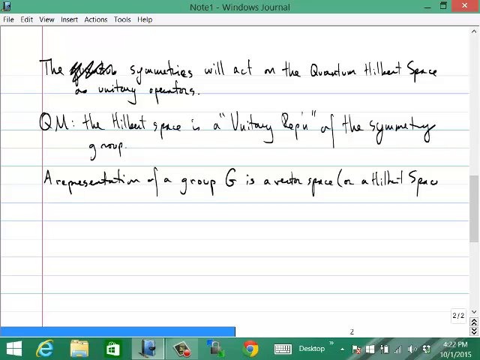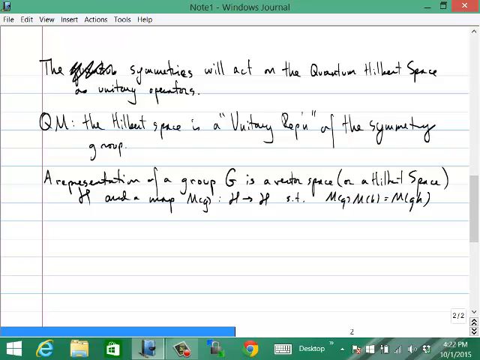For our purposes, there's not much distinction between them, so let's call it H. And a map from the group, associated with each element of that group, which respects the group multiplication law. So that's the definition of a representation.